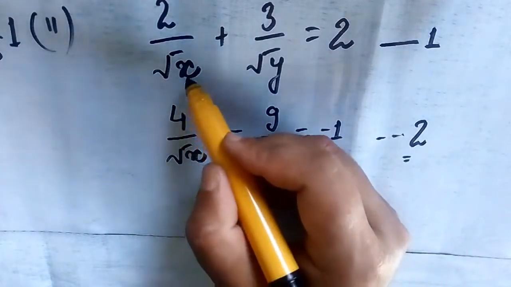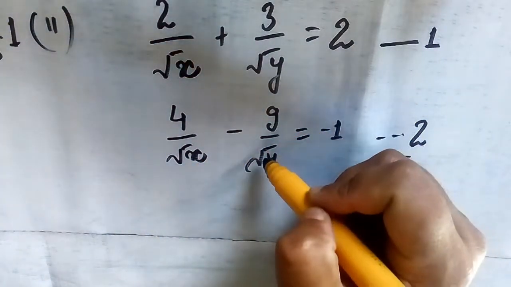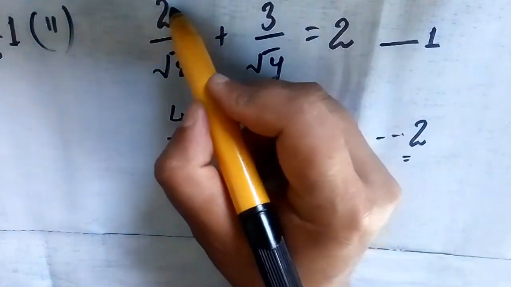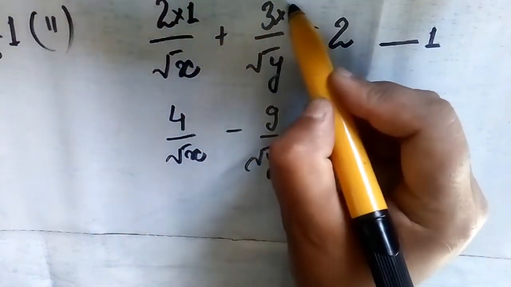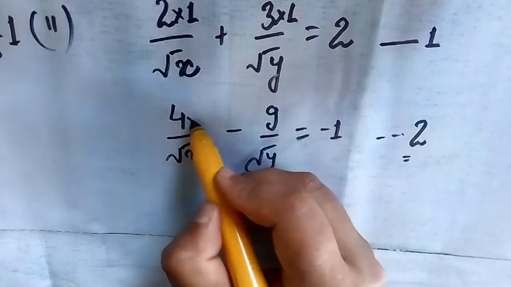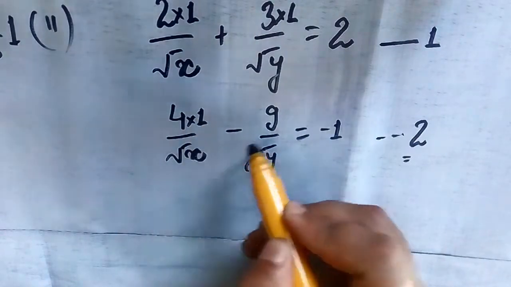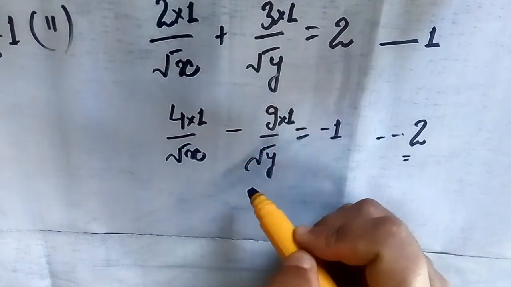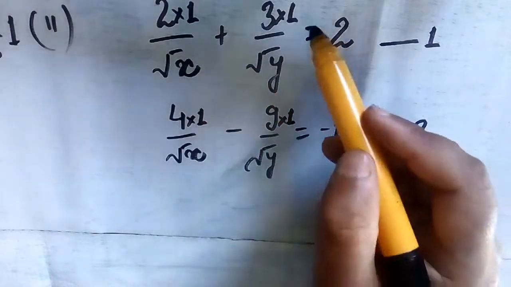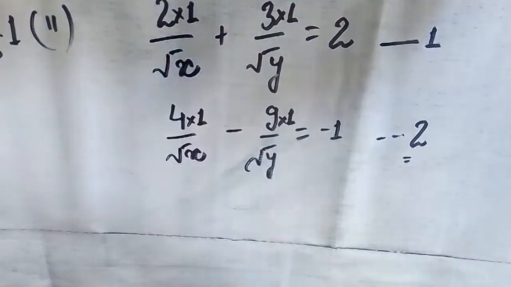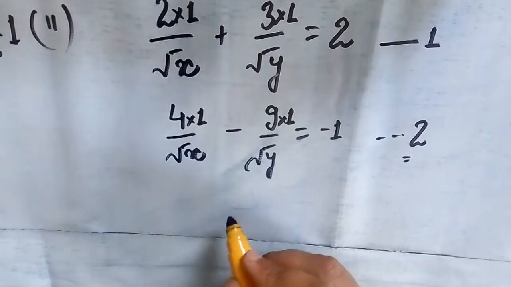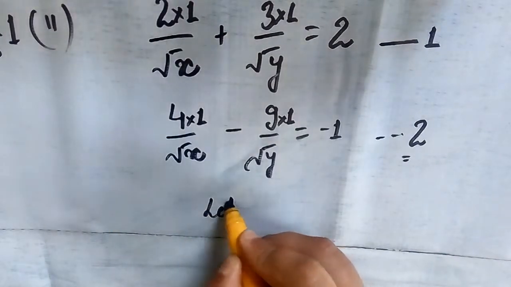So how do we convert them into the form of linear equations? First of all, the first step is to check what the common expression is in both of the equations. So you can see 1 upon square root of x. For that I am multiplying 1 to the numerators of each and every term. Now you can see 1 upon square root of x and 1 upon square root of y are the common expressions in both of the equations.